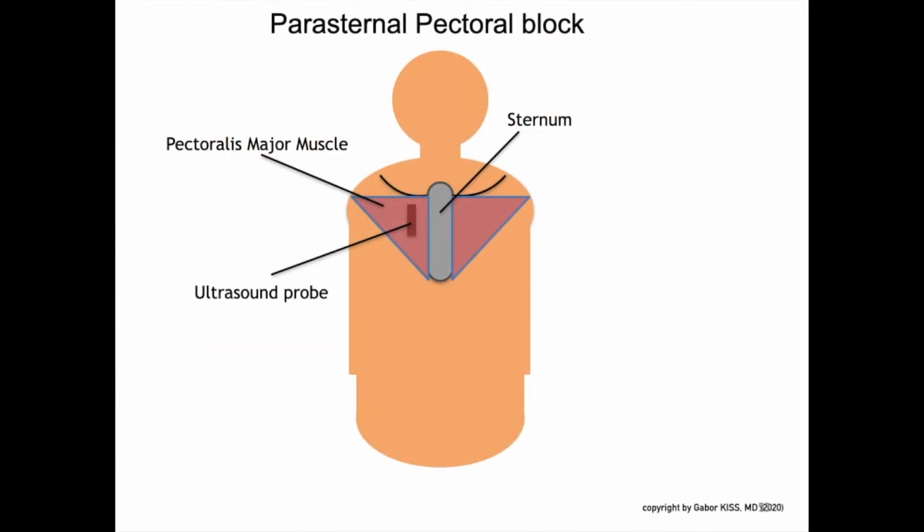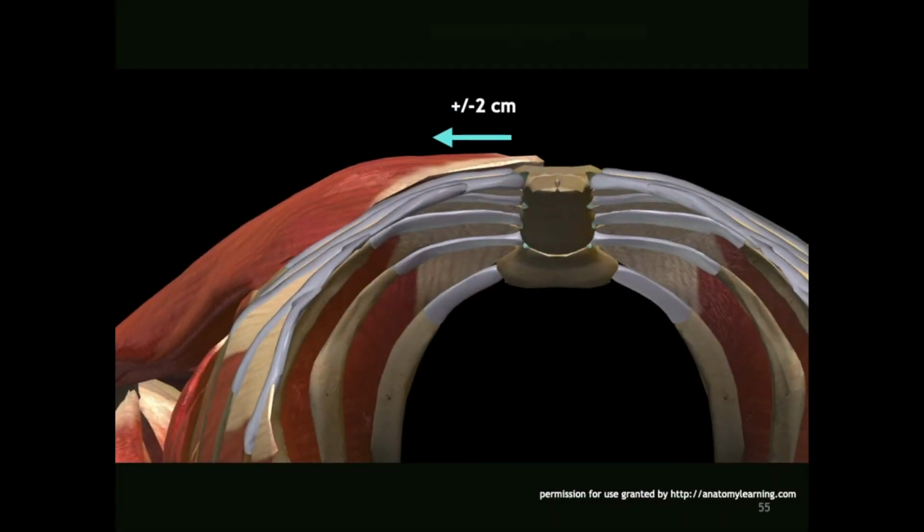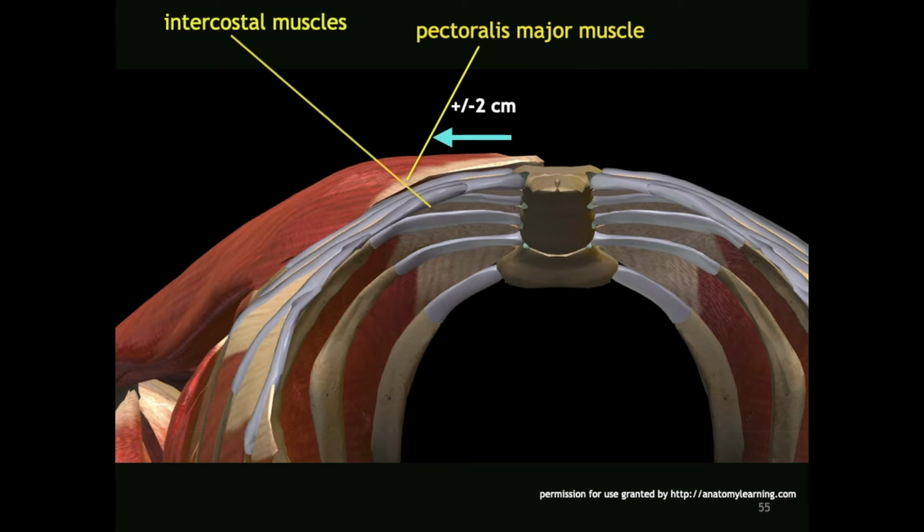The parasternal pectoral block was first described in 2014 by De La Torre and co-workers as the ultrasound-guided pecto-intercostal fascial block. Injection takes place 2 centimeters lateral to the sternum, as shown here, between the pectoralis major muscle and the intercostal muscle.